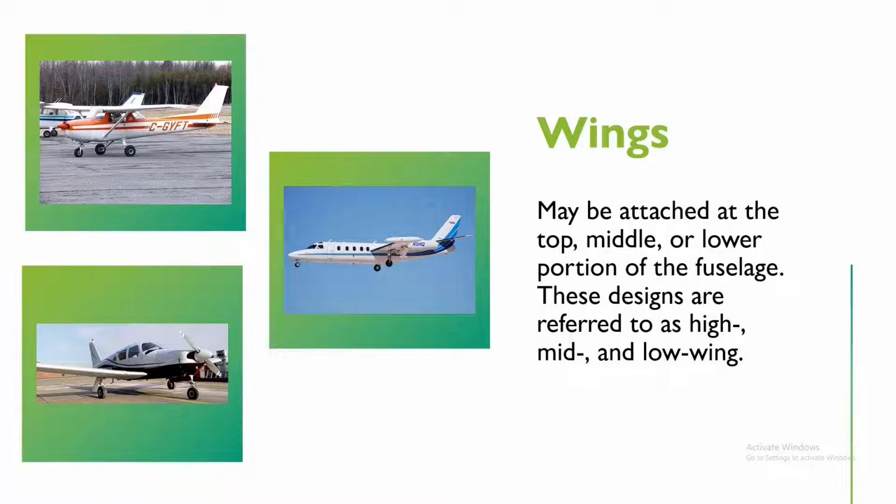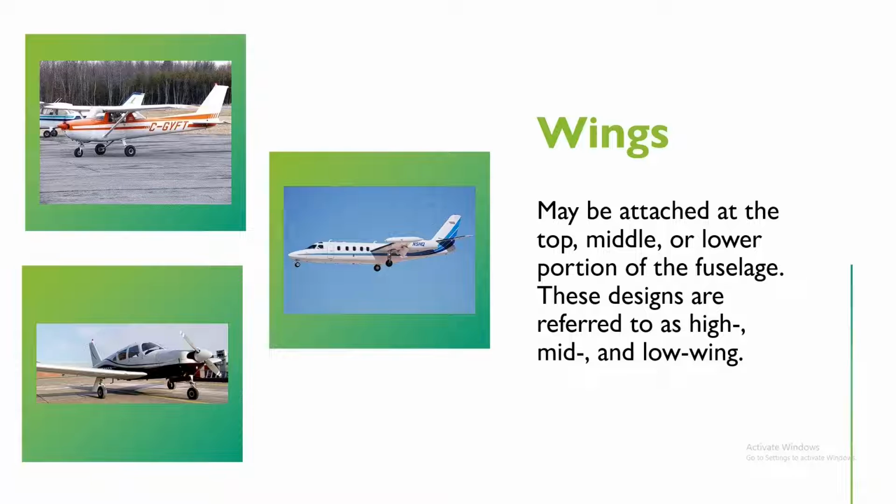Many high-wing airplanes have external braces or wing struts, which help to spread the wing loading to the fuselage for additional support. Since the wing struts are normally attached approximately halfway out on the wing, this type of wing structure is called semi-cantilever.